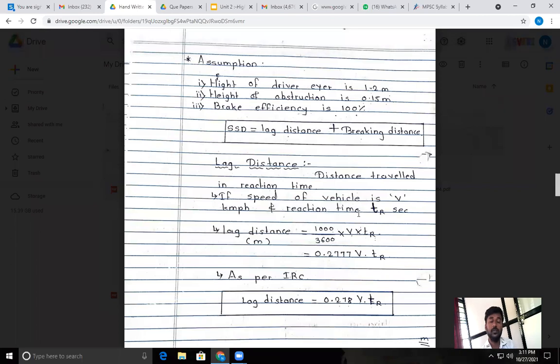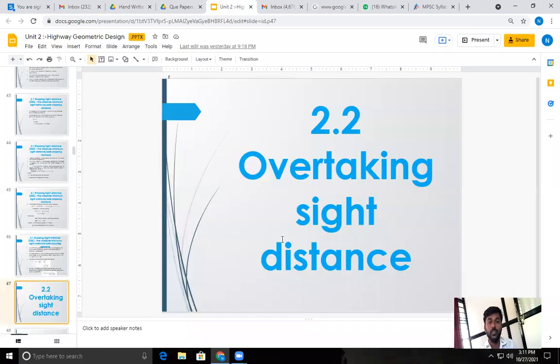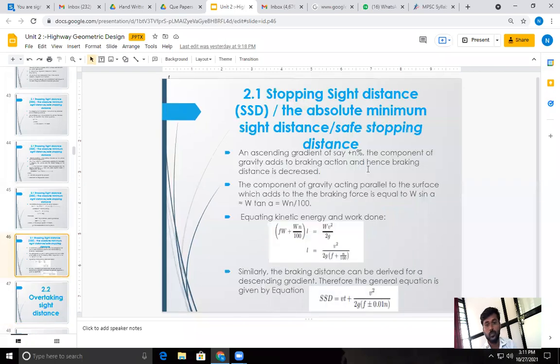The formula I gave in the last lecture is SSD is equal to Vt plus V square upon 2g bracket f plus or minus 0.01 n. In this formula, velocity is in meter per second.